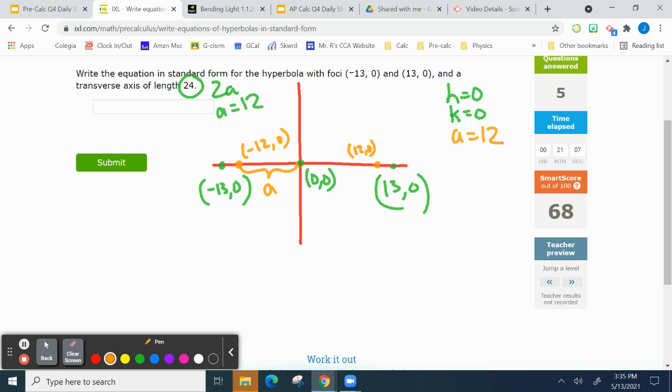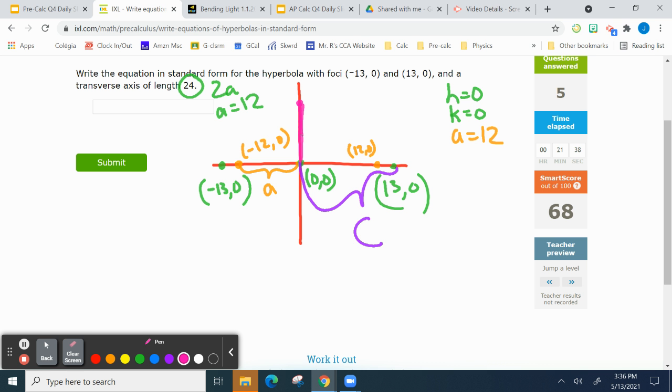And now we just have to find B. What are we going to do? Well, it turns out that the distance from the center to either focus is C. But we're going to have a B somewhere up here. B is going to be this length somehow, right?